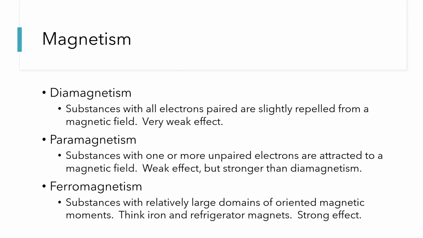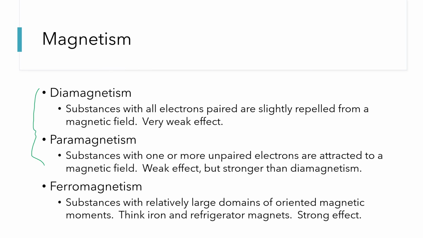So yeah, I did want to just put into words the deal with magnetism. Diamagnetism and paramagnetism are very weak effects that are due to the way electrons interact with a magnetic field.